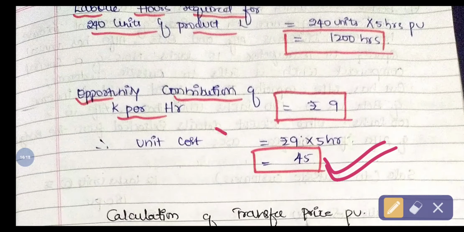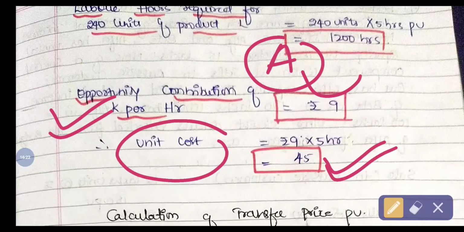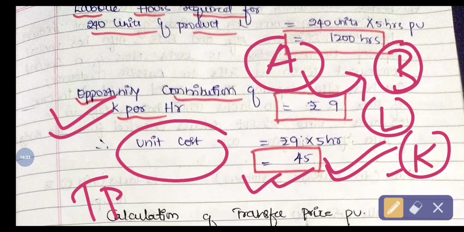The cost to be foregone by division A for the purpose of adjusting with division B, for producing the L product by ignoring K product, is 45 rupees. Now this 45 will also be charged in the transfer price in order to recover that opportunity cost.